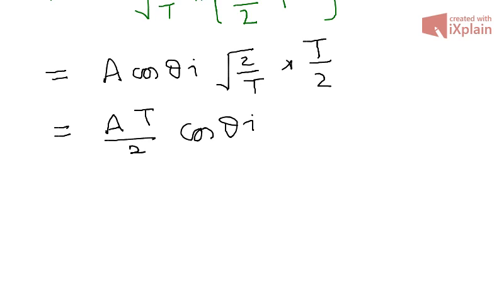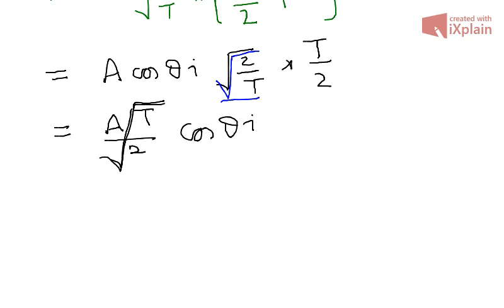Not A T over 2. This should be this thing, a times square root T over 2, because you can see here we have under root 2 over T and this is T over 2.